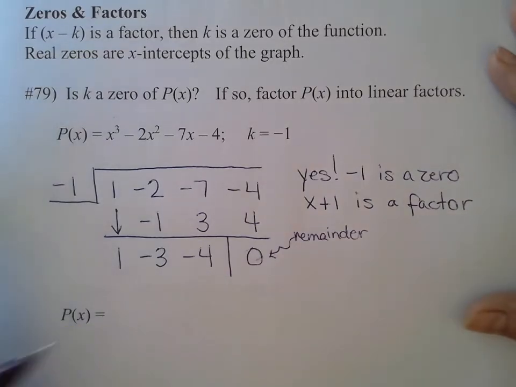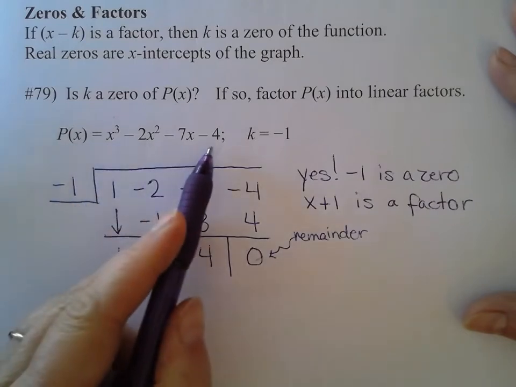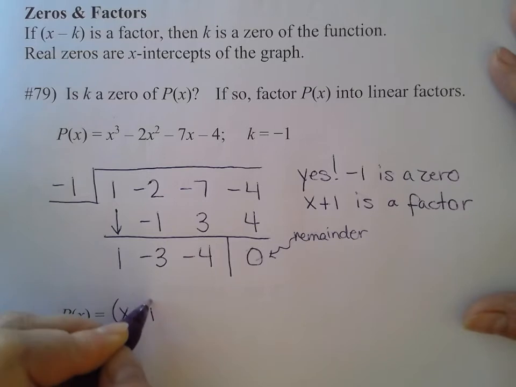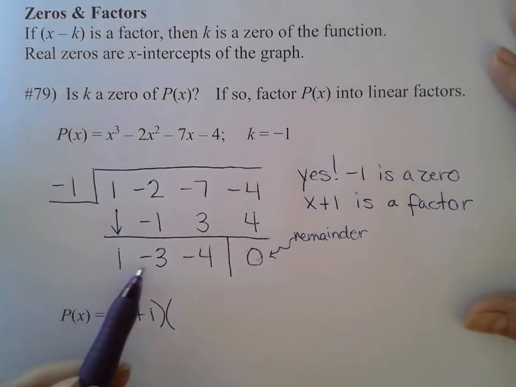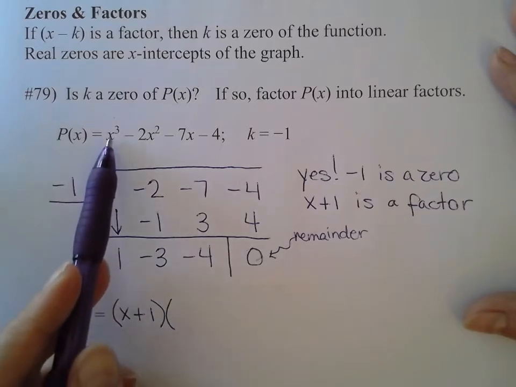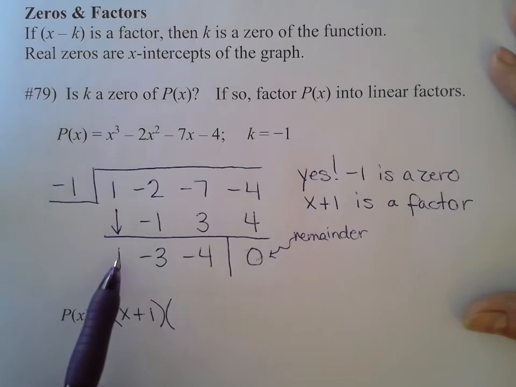So I could take my polynomial, all this stuff right here, that must be equal to x plus 1 times my quotient. Remember this, these are the coefficients, and remember the degree of the polynomial. When I move to the quotient, I go down by 1 exponent.